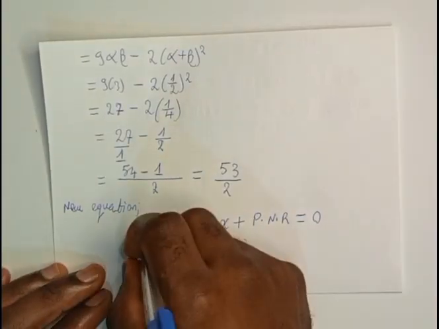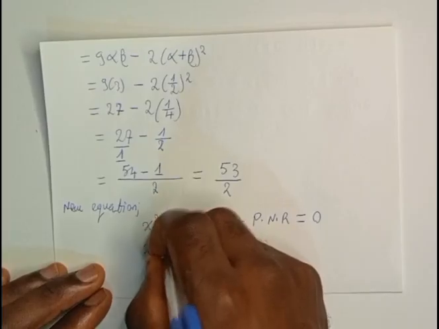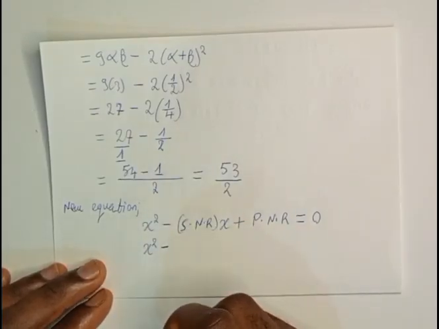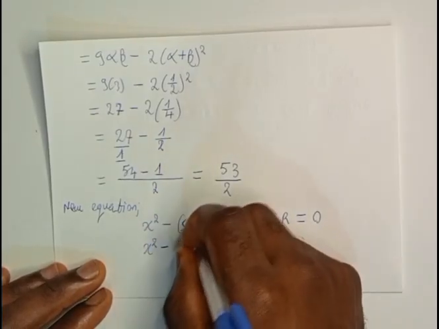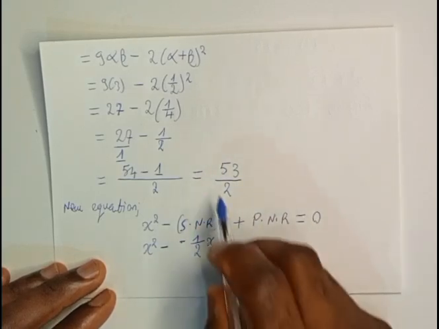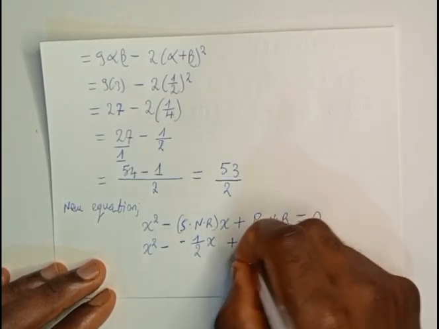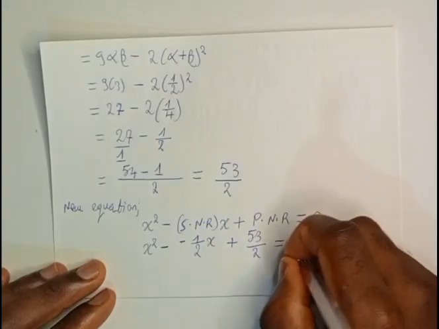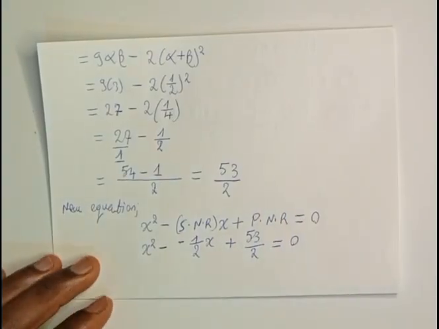This will simply give us x squared minus, the sum of new roots is negative a half, times x plus the product of new roots, which is 53 on 2. This is simply equal to 0.